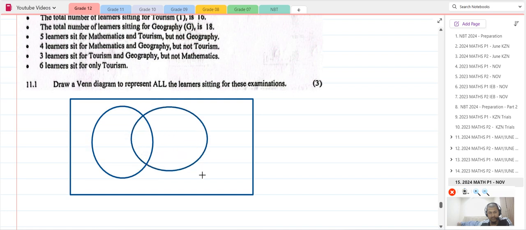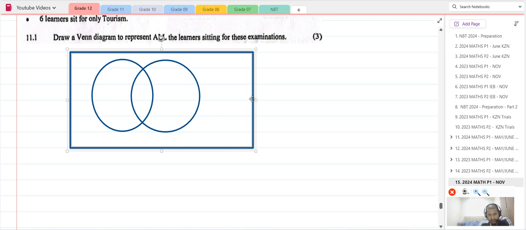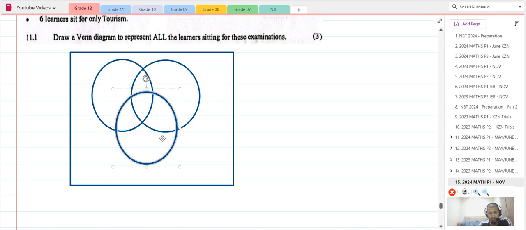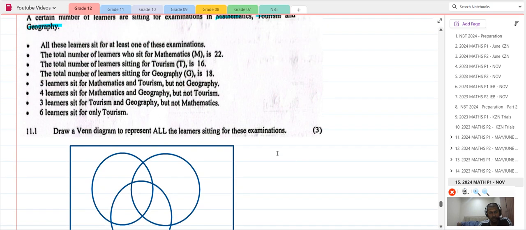Right, we're going to draw a three-way Venn diagram and make sense of the problem. All these learners sit for at least one, so they either sit for 1 or 2 or 3.